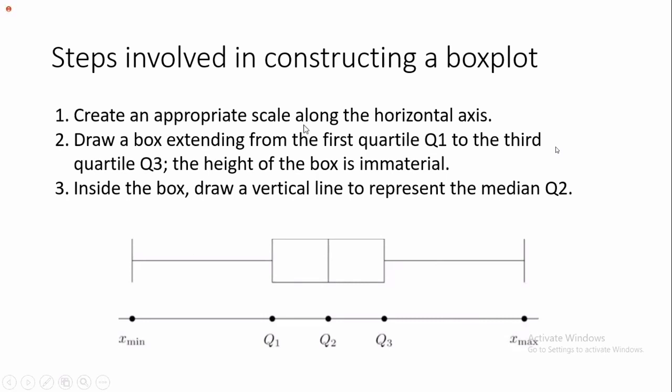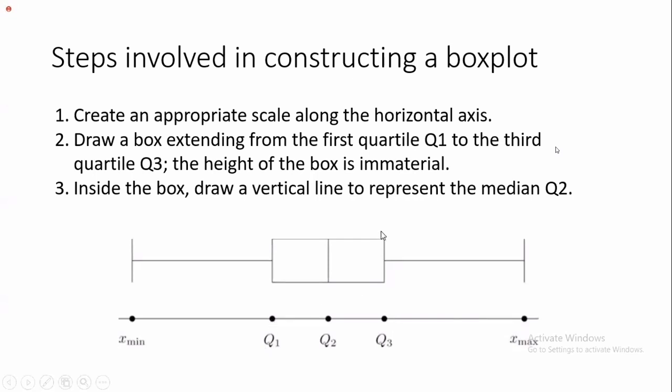Appropriate scale means we have these values, minimum value, maximum value, and their quartiles, so we need to mark those values on this axis. Okay, then Q1 to Q3.